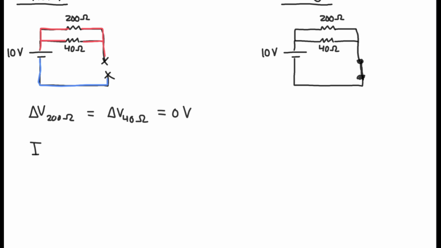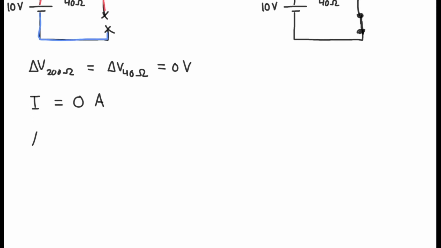We also see that the total current is 0 amps. And based on our diagram, the only real non-zero value is the delta V across the inductor, which is the full battery voltage.